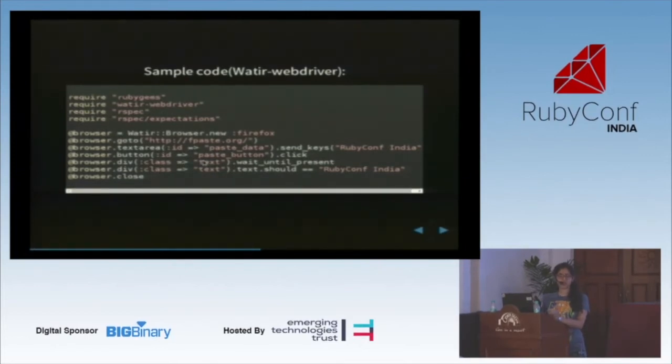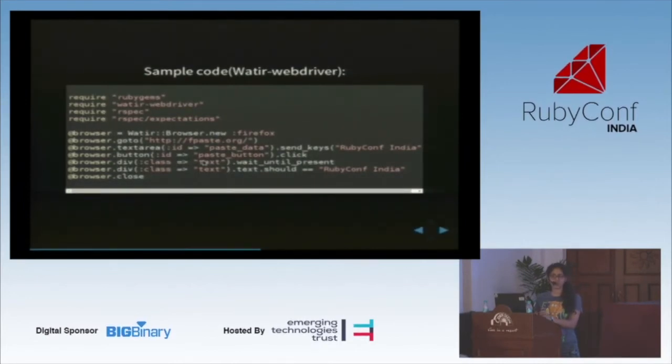Now there has to be a network latency where we wait for the element to appear on the page so that our test does not break. But we are not adding any sleep time here. So the implicit timeout for the wait until present method is 30 seconds. So if the element does not appear within 30 seconds, your test is going to fail.